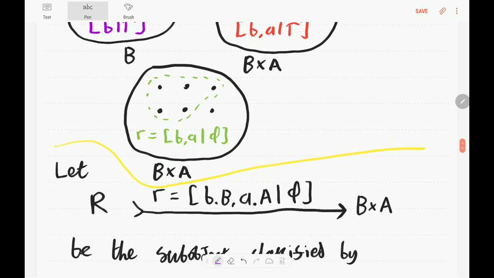So let's go through this and understand what this means, because this is very interesting.